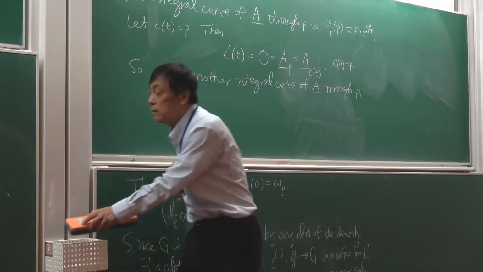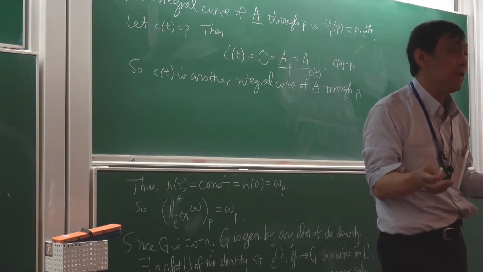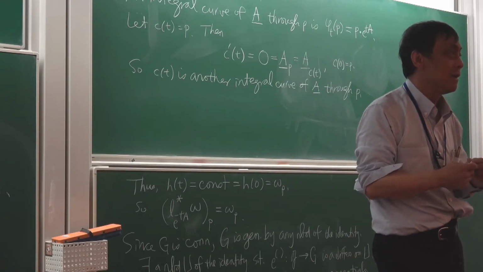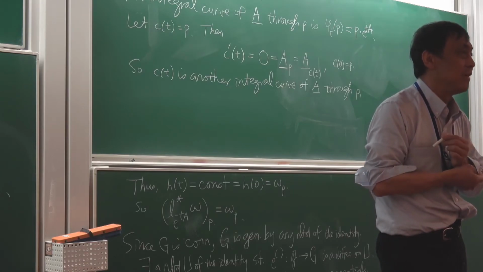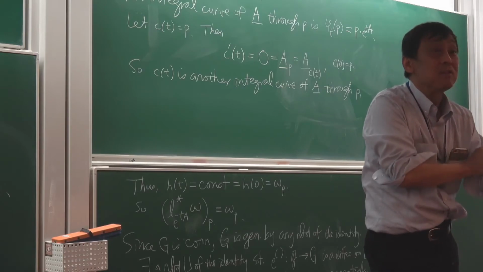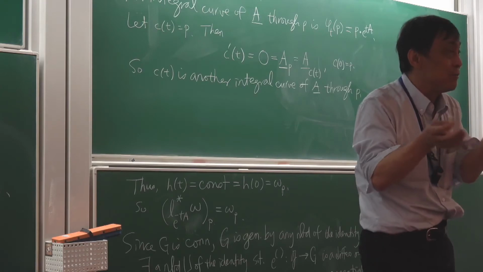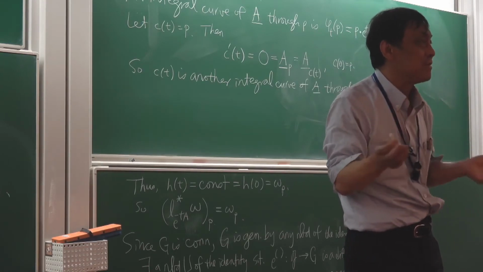Now you have two integral curves of A bar through p. How can that be possible? Integral curves are unique, because they are solutions of differential equations.